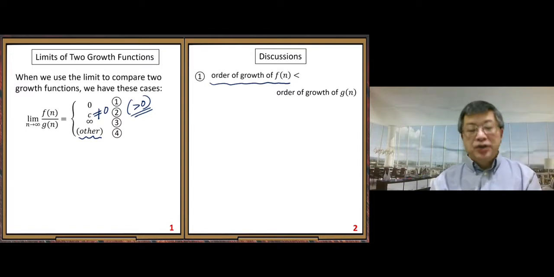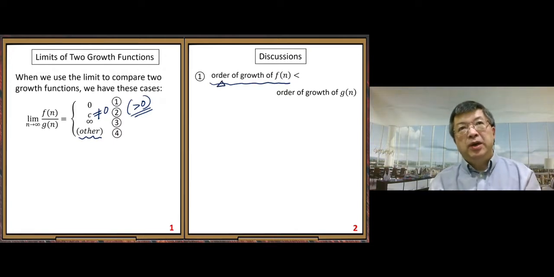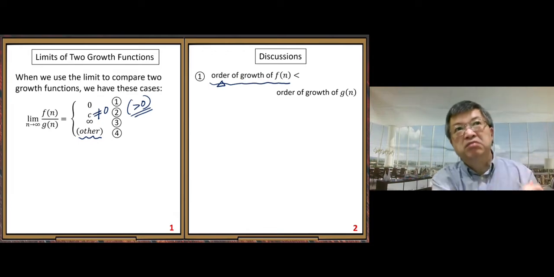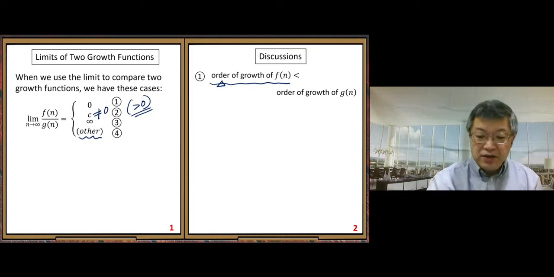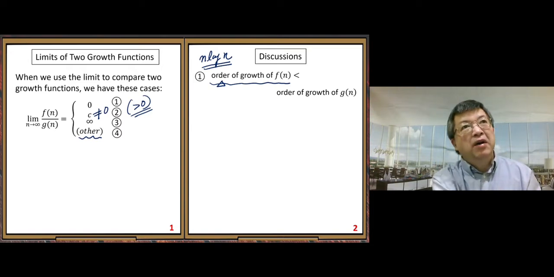Although we use this term order, it is not easy to use a number to represent this order, because the growth function could be like this one. Remember, in the example we used last time, how can you use an appropriate order number to represent it?